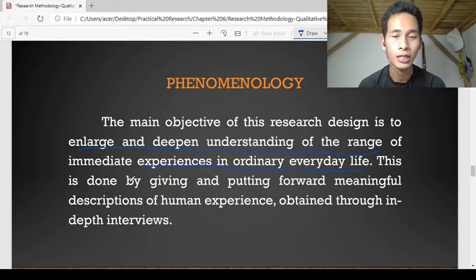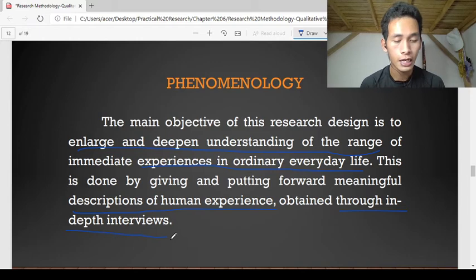We are experiencing a lot as human beings, so phenomenology will help you enlarge and deepen your understanding of the various experiences in ordinary everyday life. This is done by giving and putting forward meaningful description of human experiences obtained through in-depth interviews. That is the approach of phenomenology.